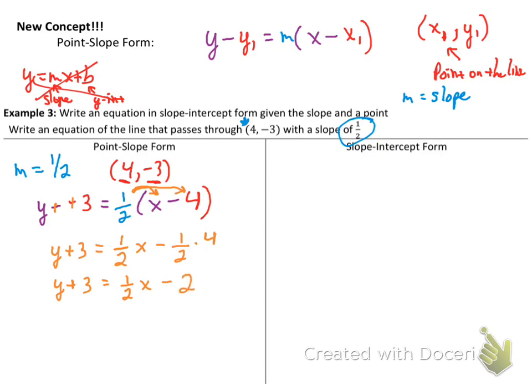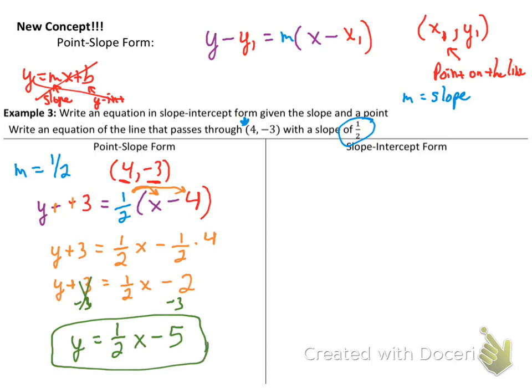So y plus 3 equals 1/2 x minus 2. The very last step is to subtract 3 from both sides, and I get y equals 1/2 x minus 5. So there's the equation of the line going from point-slope form into slope-intercept form.